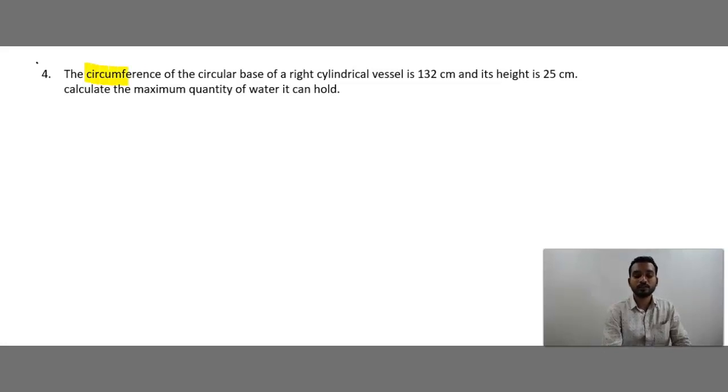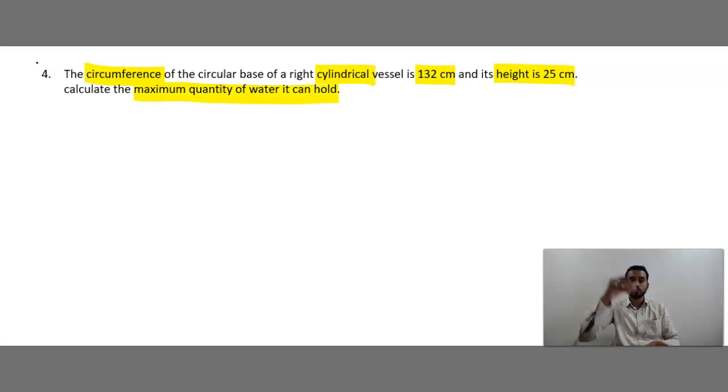Circumference of the right cylindrical vessel is 132 cm and height is 25 cm. Now what do we want to calculate? Maximum quantity of water it can hold. How much quantity of water we can store in that? It means we need to find volume. How much water we can store into that? That is nothing but volume.